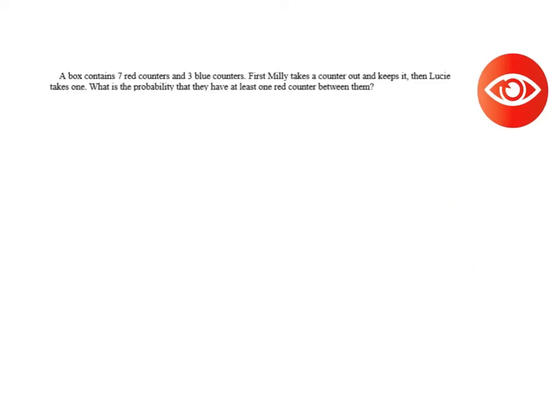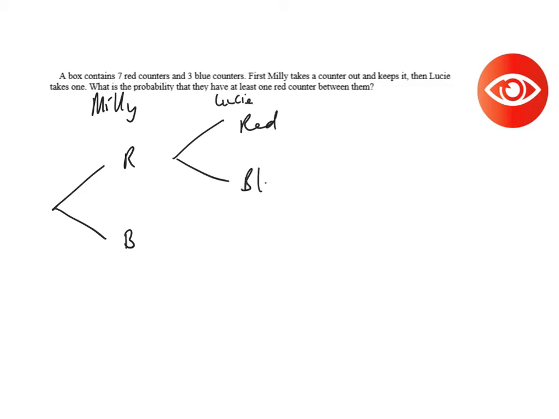So I'm going to sketch out the diagram to start with, and then we have a visual aid of what we need to do. So I've got red and blue. First we've got Millie, and then we've got red and blue again.